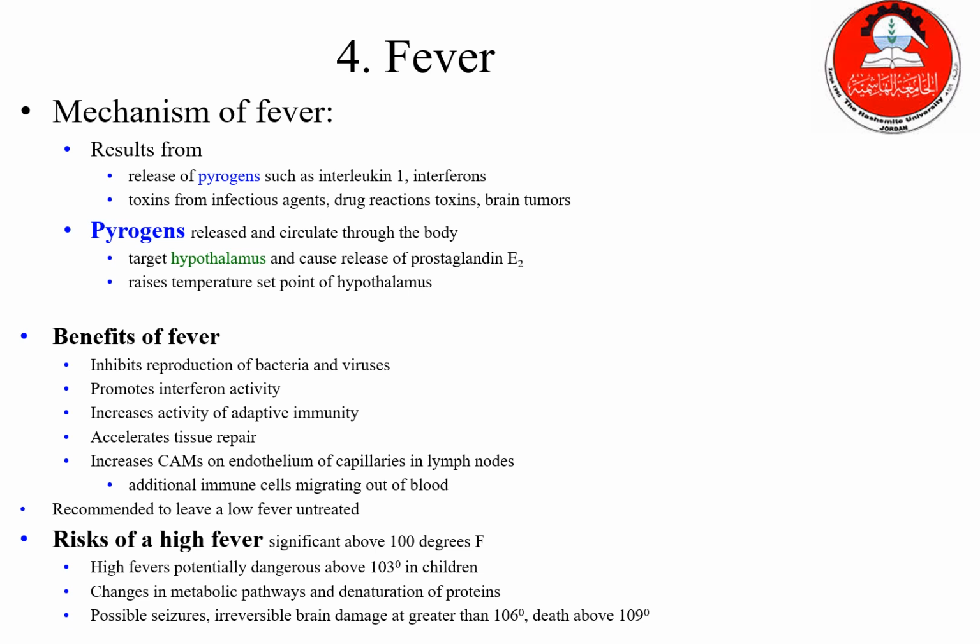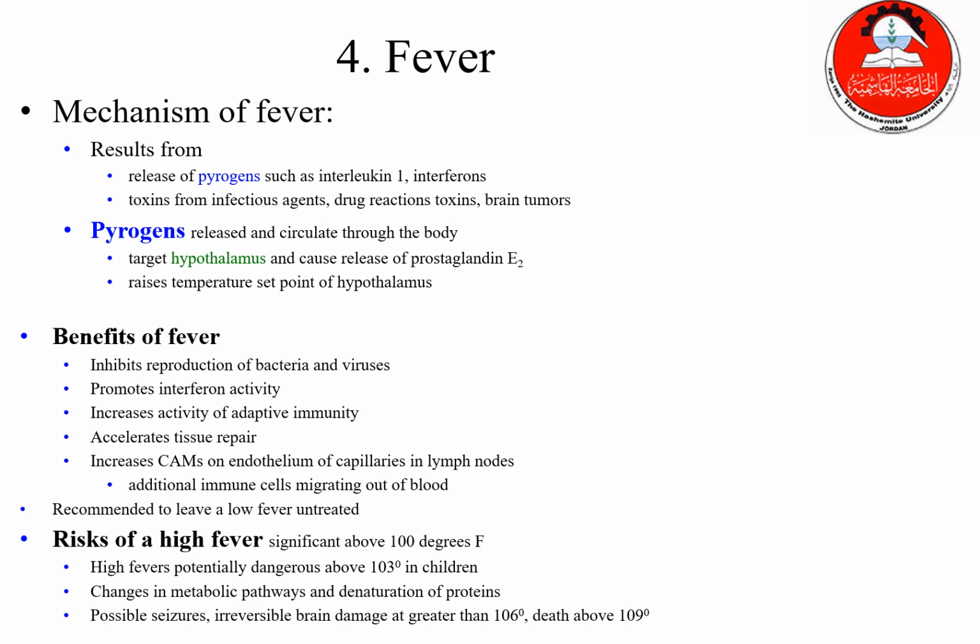What are the benefits of fever? Inhibits reproduction of bacteria and viruses. So at a higher temperature than the normal body temperature, this is going to inhibit the reproduction of bacteria and viruses. It's going to promote interferon activity, which plays an important role against the reproduction or the replication, especially of viruses.